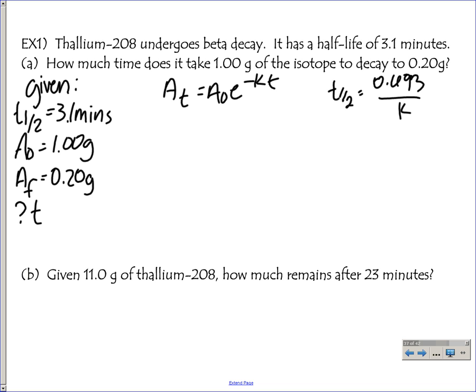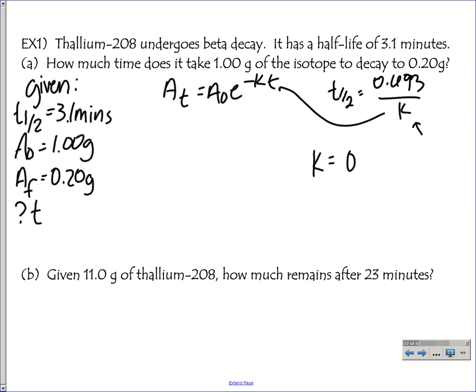So that's exactly what I'm going to do here. We need to solve for k first. In T1/2 equals 0.693 over k, we're actually going to solve for k so that we can use it in the A equation, A t equals A naught e to the negative kt. So let's go ahead and do that first.